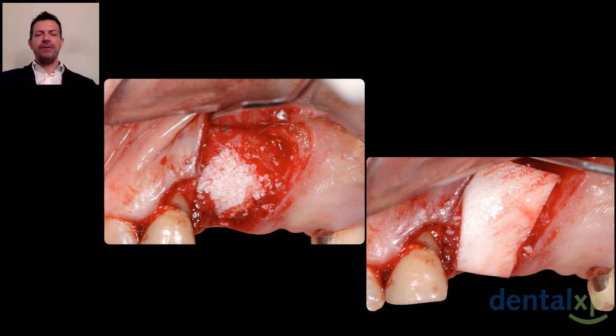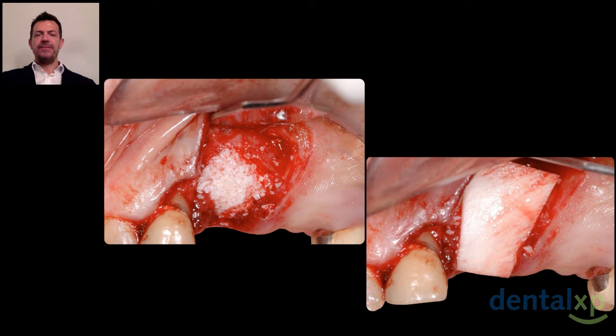And so we graft the socket, but we place some granules of the same biomaterial also on the buccal side to create like an over-contouring of the ridge. And the graft is again protected with collagen membrane.